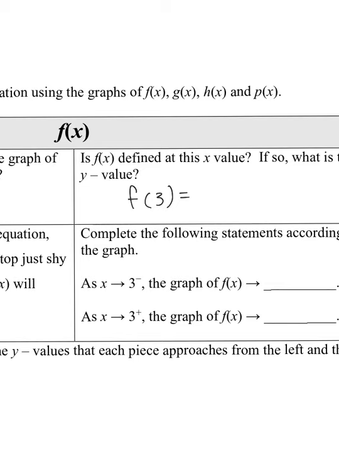Look at f of 3. Is this function defined when x is 3? No. Why not? Because we have open holes at both piecewise functions, correct? So when x is 3, our function is undefined. All right, it is undefined.